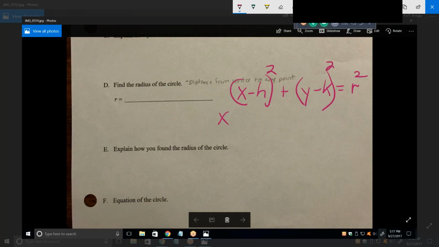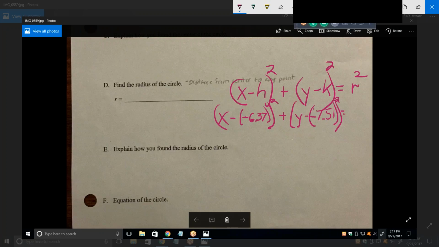What was the x coordinate of the center? It was minus 6.37. So x minus minus 6.37, all of that squared, plus y minus, and this was minus 7.51, all of that squared, and that's equal to the radius squared.